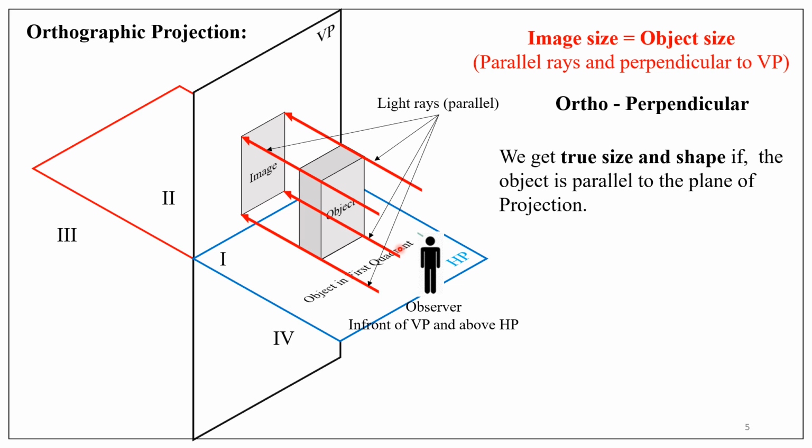The thickness is not visible in the front view or in the image because a thickness line is perpendicular to the plane of projection. It is perpendicular to the plane of projection. Therefore, we are unable to see the thickness.